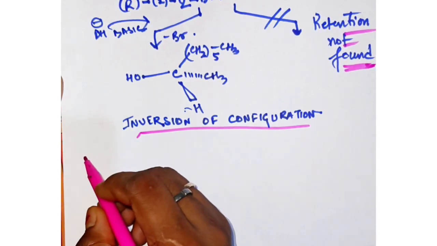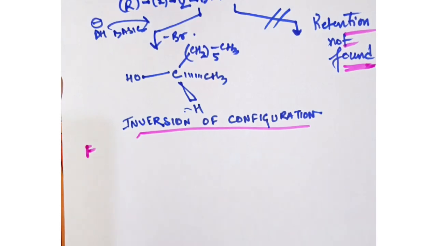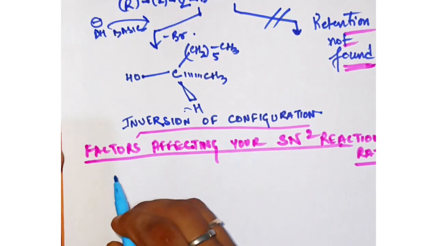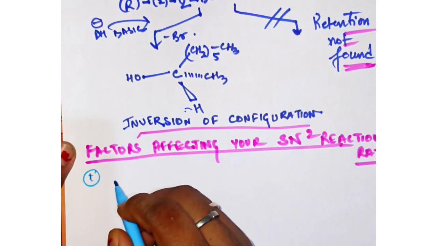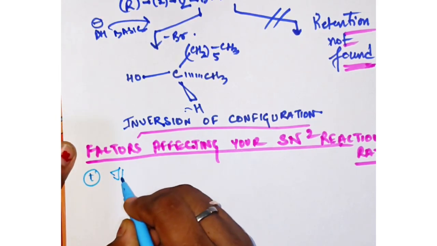Okay, so let's see the factors affecting your SN2 reaction rate. The first one is the effect of substrate structure on rate.